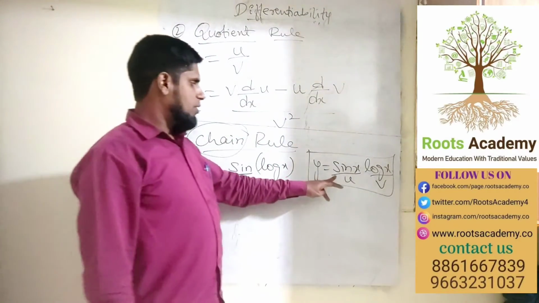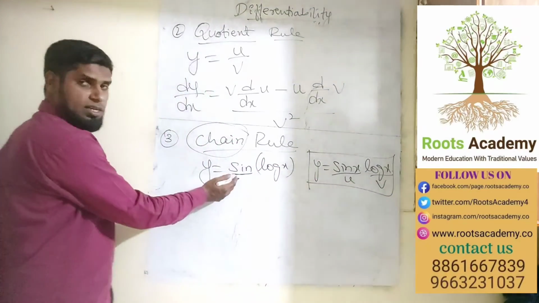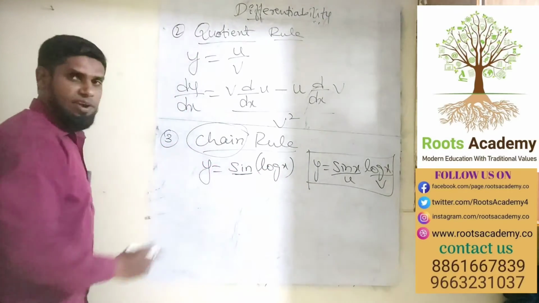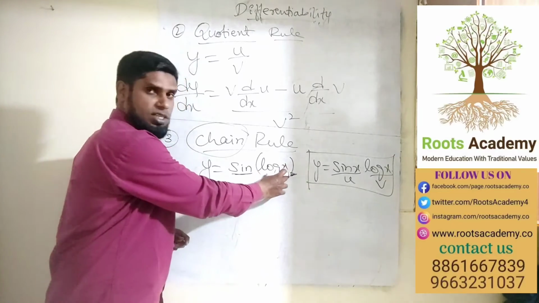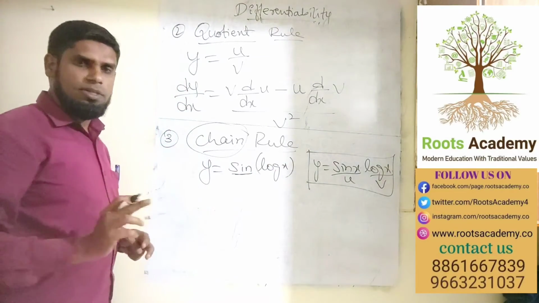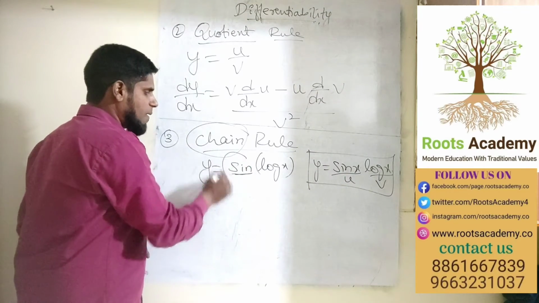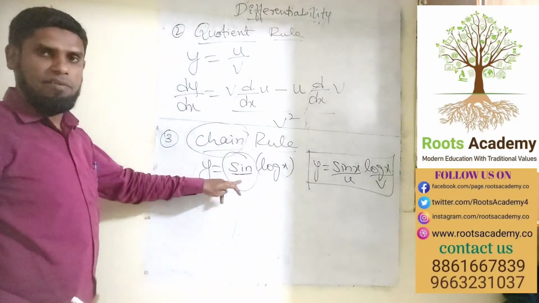So here we can use product rule. But in our case, it is not like this. It is totally different. In this case, what happened? This log function comes under the sine function. So there are totally two functions still. Sine function is the bigger one. Log function is the smaller one. First, we'll differentiate the bigger one.